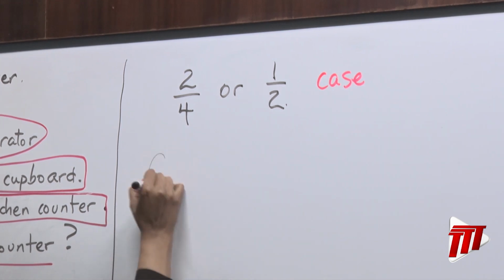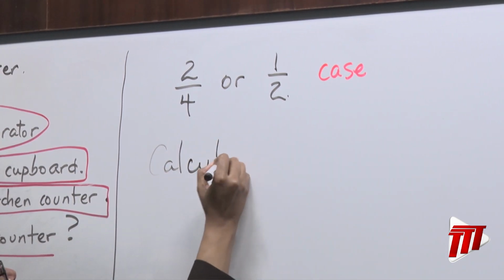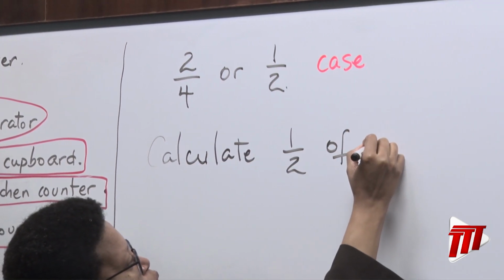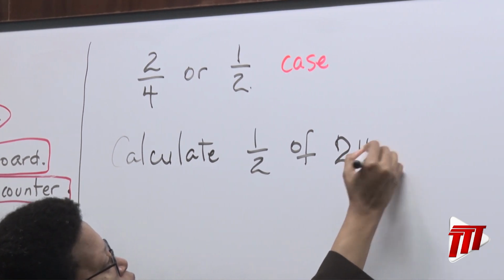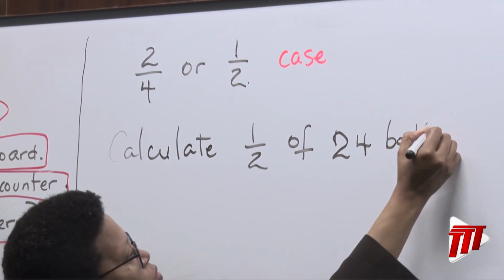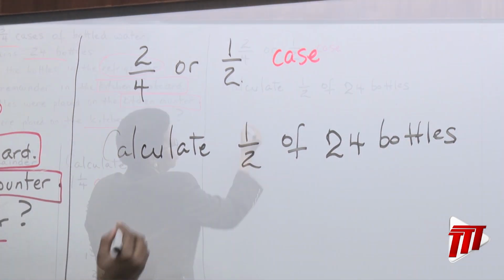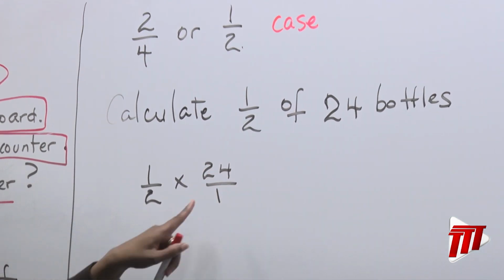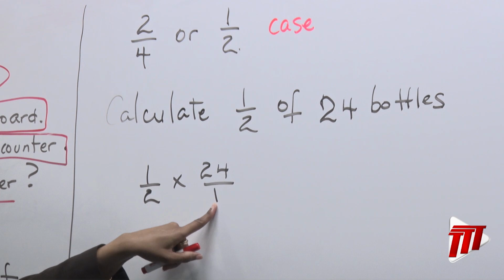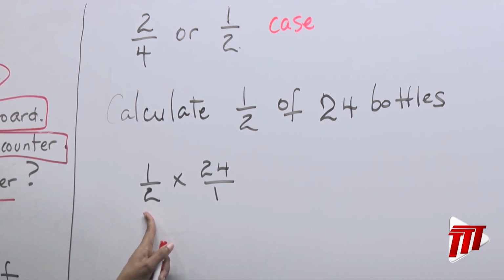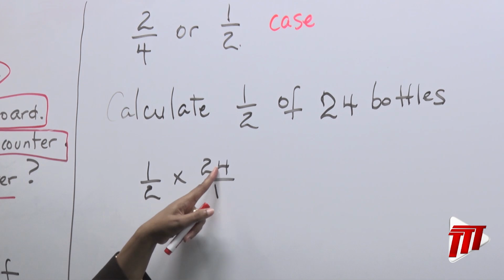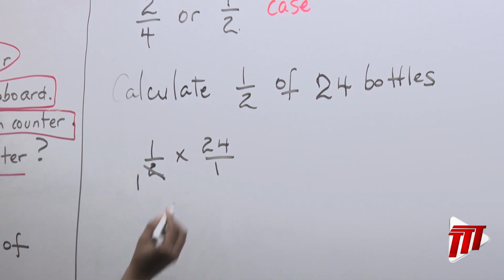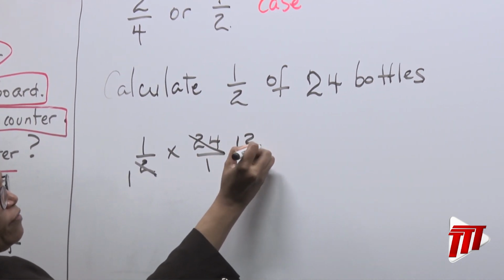We want 1/2 of 24, we need 1 in the denominator. 1 in the denominator tells us we're dealing with 24 wholes. 2 and 24, they both have a common factor of 2. 2 divided by 2 is 1. 24 divided by 2 is 12.